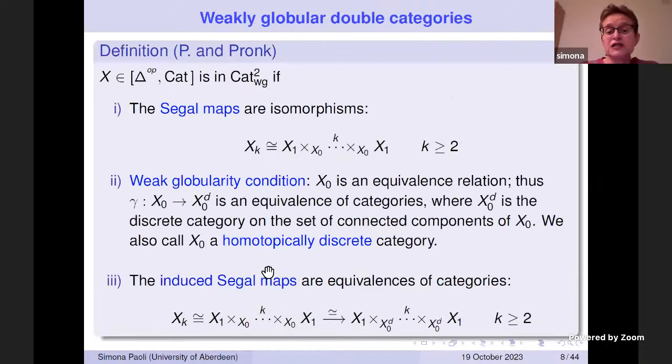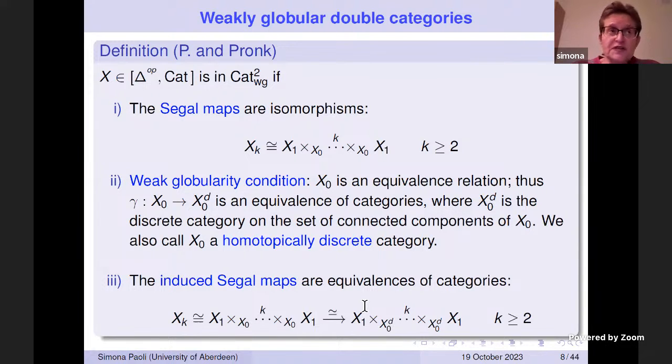So this third condition is what allows you to do exactly that. Formally, it says this map, which is induced by the map gamma from X0 to X0^D, so we call it the induced Segal map, is an equivalence of categories. So this is the definition of weakly globular double categories.